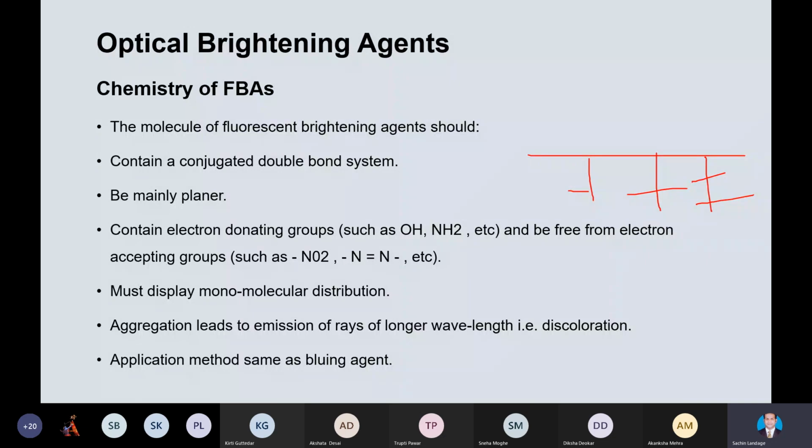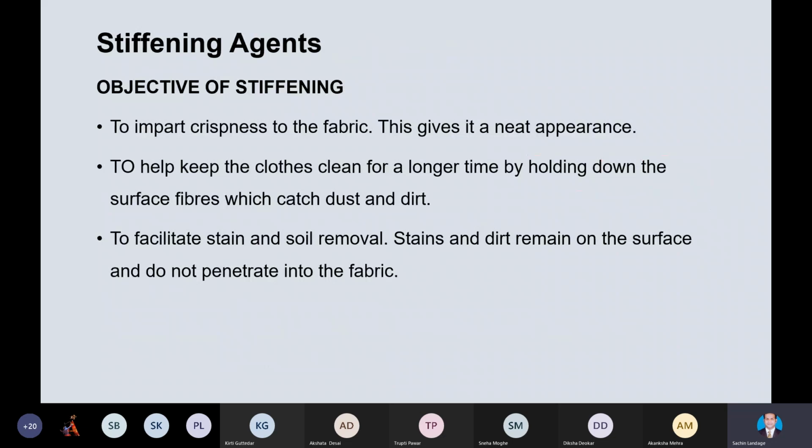Okay. Now, the next point that we are going to see is nothing but the stiffening agent. Here we are concentrating on laundering. Whenever you are talking about laundering, it means carrying out the cleaning of the soiled garment in the presence of water, that is the aqueous method, whereas dry cleaning is different.